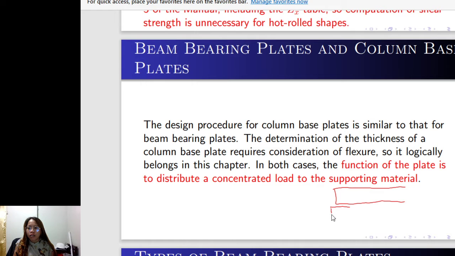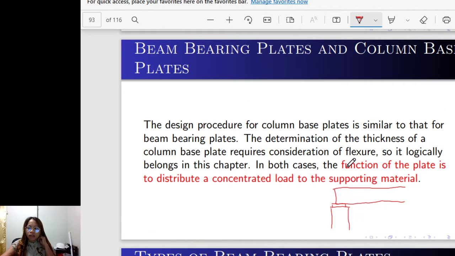To transfer the load, there should be a plate to transfer the load of the beam to the supporting material or the column.